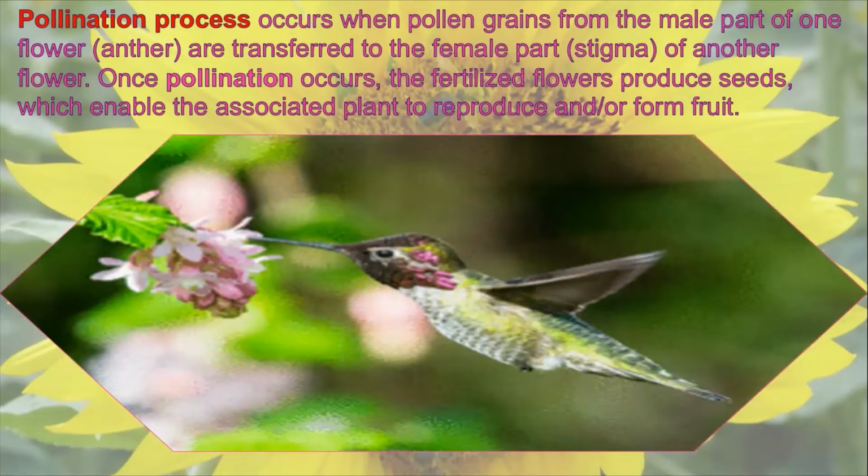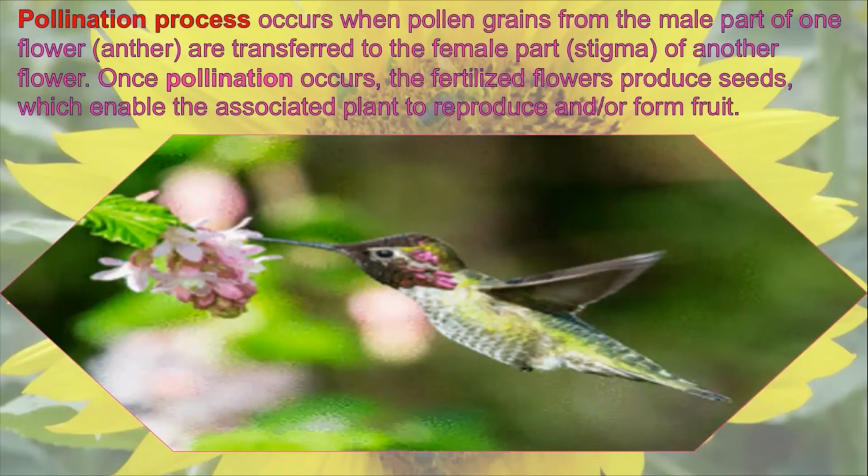Once pollination occurs, the fertilized flowers produce seeds which enable the plant to reproduce and form the fruits. The pollen grains may fall on the stigma of the same plant or another flower. They may also be carried from one flower to another flower of the same kind by different agents of pollination.